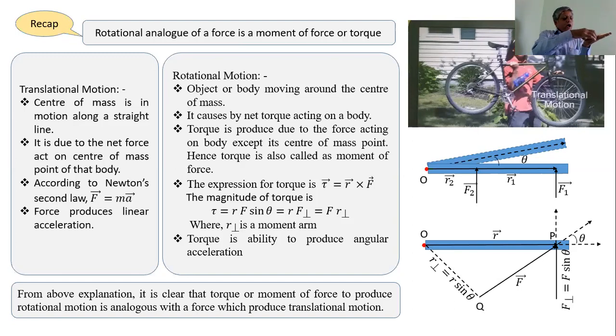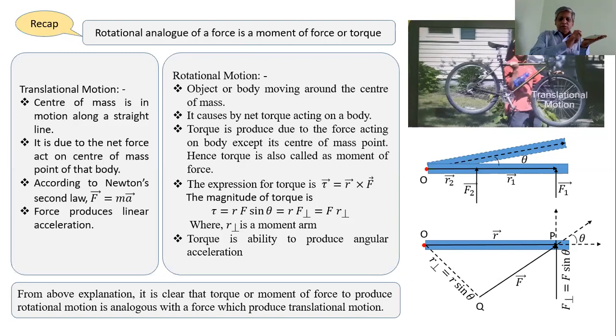But when we apply the force away from the center of mass point, here I apply the force. Observe the motion. Here, the mobile performs rotational motion, not translational motion.